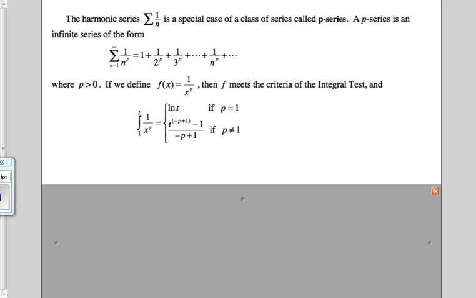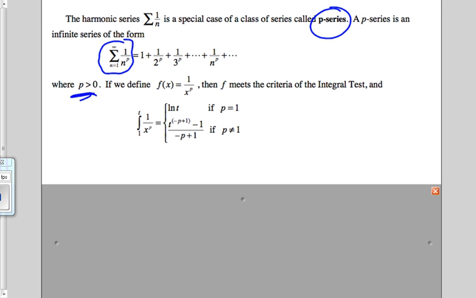Well, that harmonic series that we just looked at, the sum of 1 over n, is part of a really important class of series called the P series. And the general form for a P series is the sum from n equals 1 to infinity of 1 over n to the p, where p is some positive number.